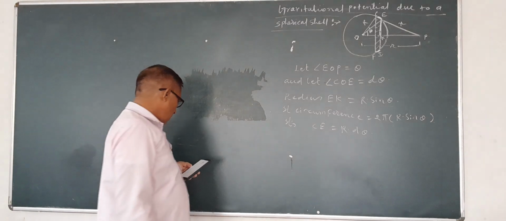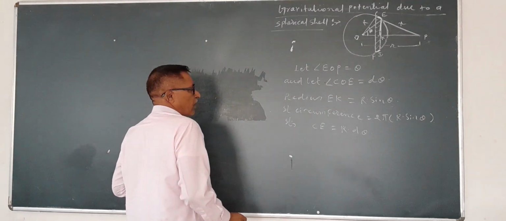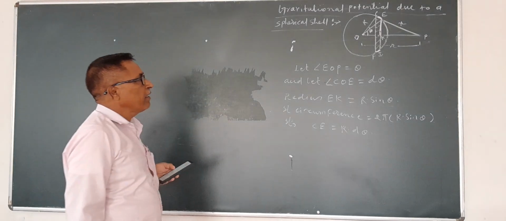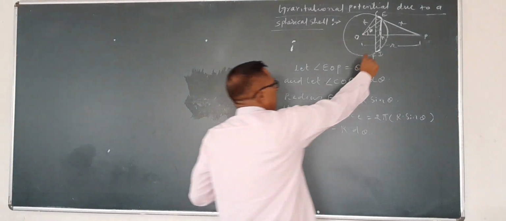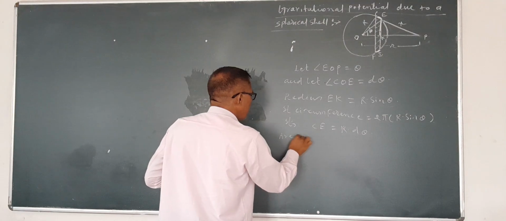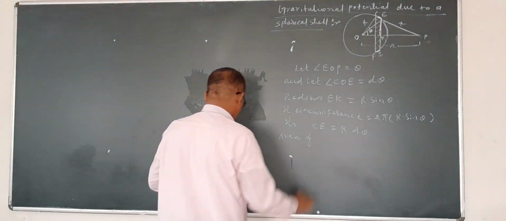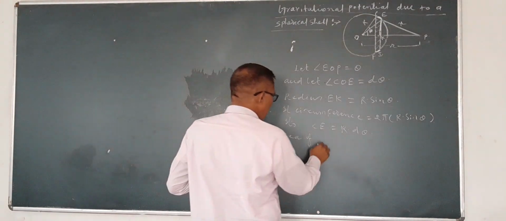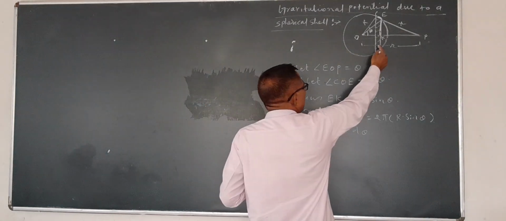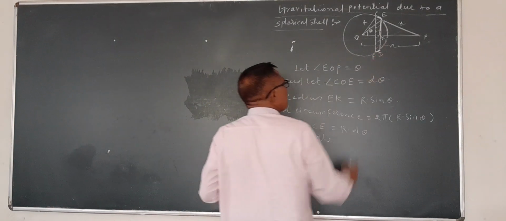Now, by these two things, we can calculate the area of this slice. The area of this slice is nothing but a ring.